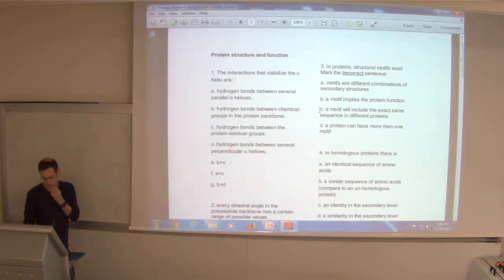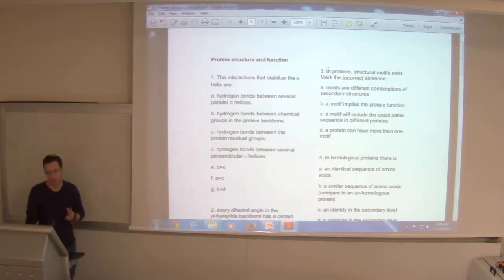C, a motif will include the exact same sequence in different proteins. We discussed what we mean by a consensus sequence, either at the nucleotide level or at the amino acid level. It's a similar sequence and not identical. Usually it wouldn't be identical, so C is incorrect. Let us make sure we understand D as well.